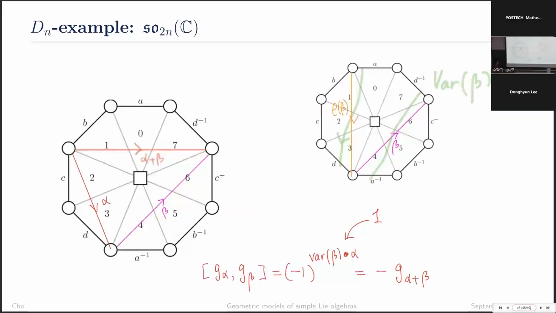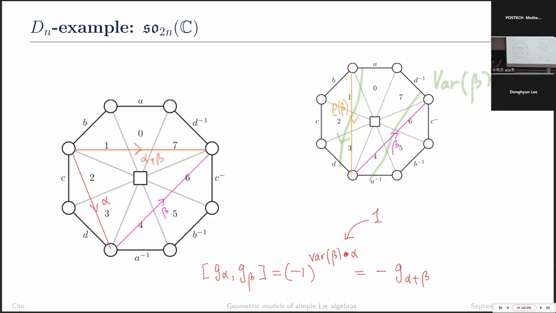In the case of Bn, it's so(2n+1, C). So they are given by this kind of arcs in this Milnor fiber. And if you have a composition of two vectors which does not include this central puncture, then the bracket has the usual sign. But if the triangle contains this central puncture, then we need to put an additional sign on the bracket.